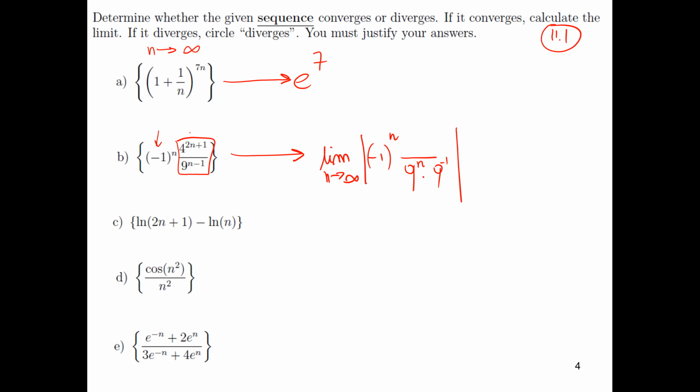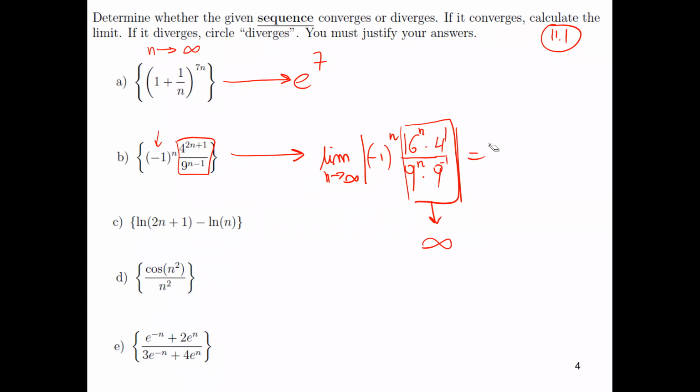And on the top, I have 4 to the power of 2n. 4 to the power of 2 is 16, and then 4 to the power of 1. We have 16 to the n versus 9 to the n. The denominator grows slower, or I can say the numerator grows faster. Then this part goes to infinity.